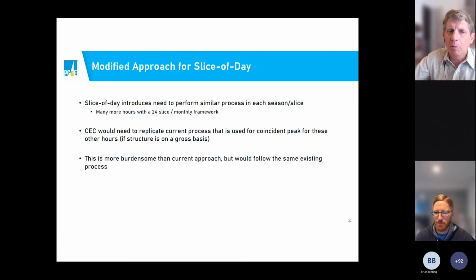Now the open question to some degree is, is it possible to use renewable resources that hadn't been pre-contracted to meet that need? I guess that's an open question, and whether or not that would be allowed.